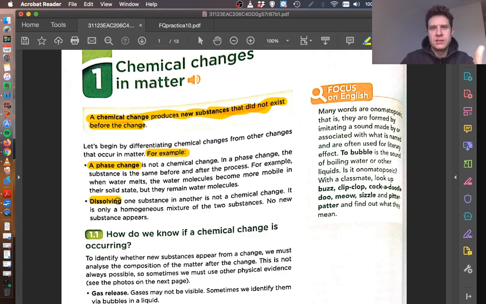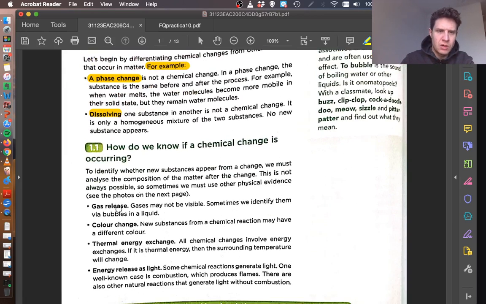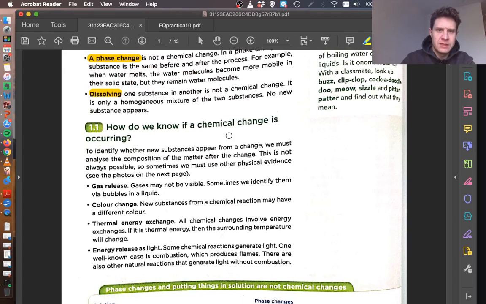Dissolving sugar into water is not a chemical change, and no new compound is created. So how do we know if a chemical change is occurring?